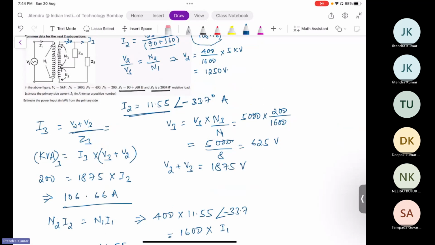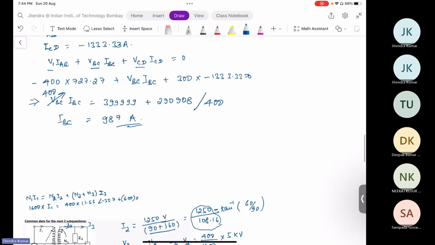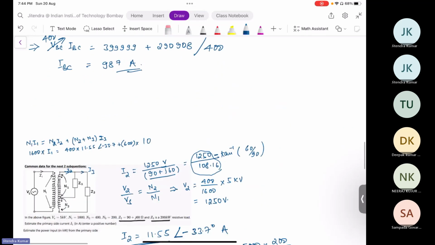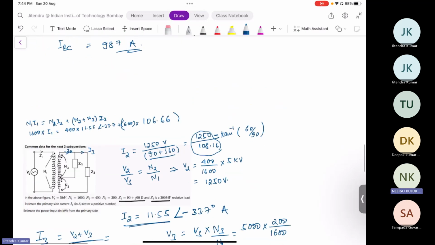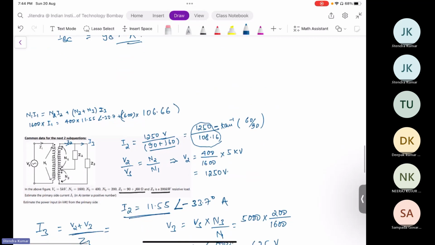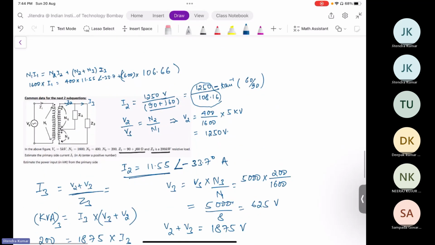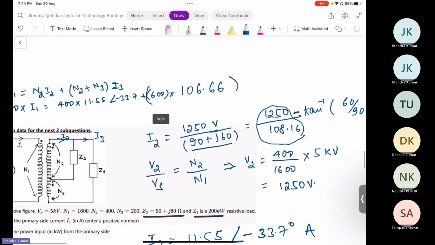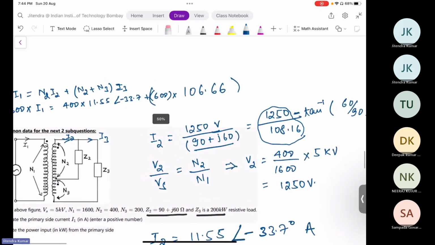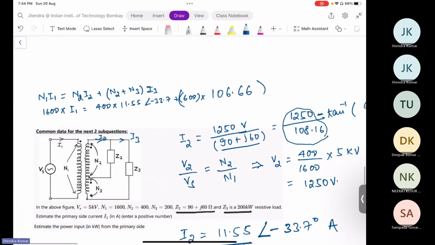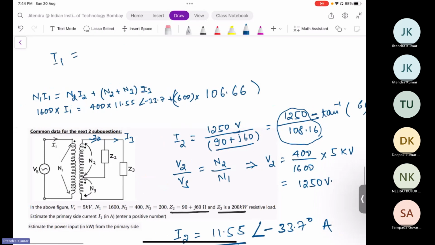I guess 106.66. Okay, so by this way we can compute I1.